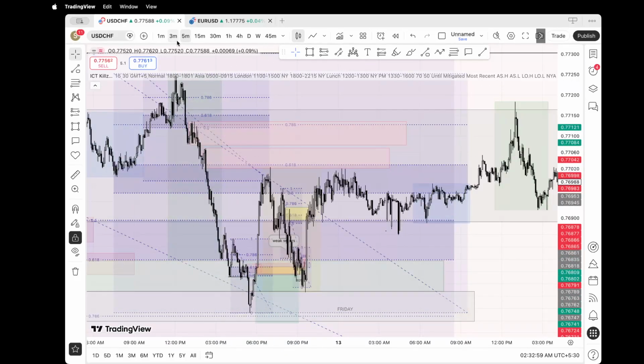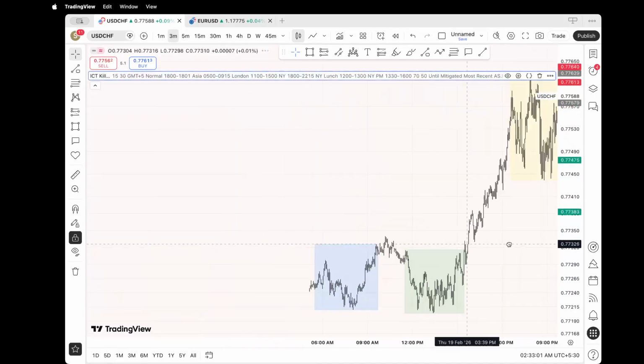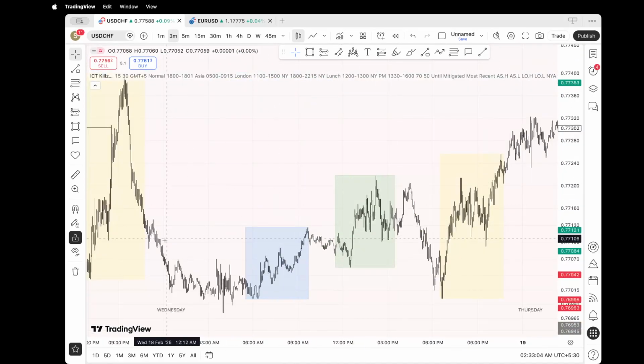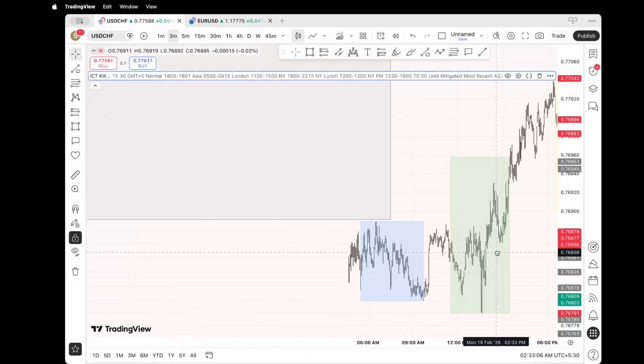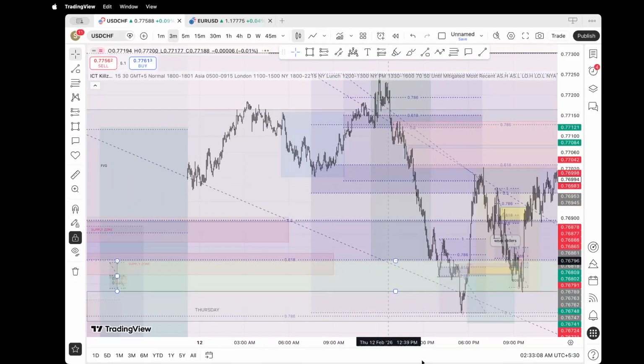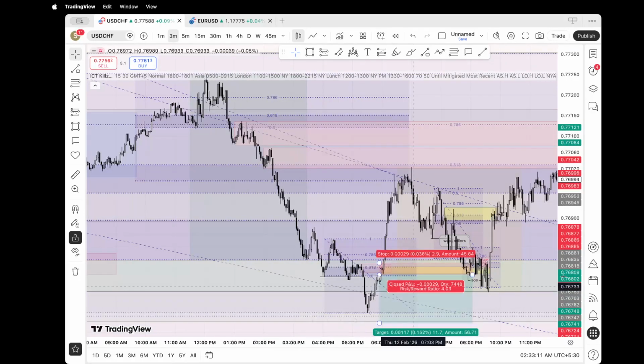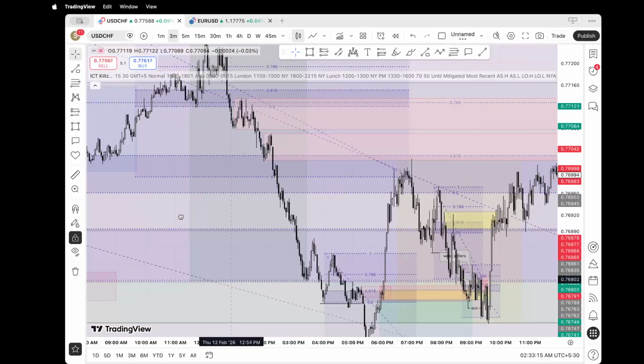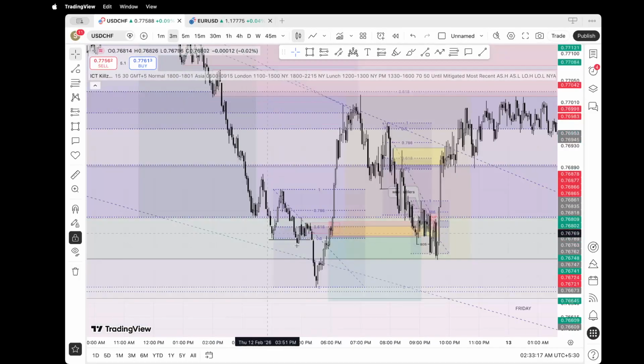you will have to wait for a confirmation. If I go back again, here we go, we had a clear confirmation. A break of structure, and a change of character after this particular candle.